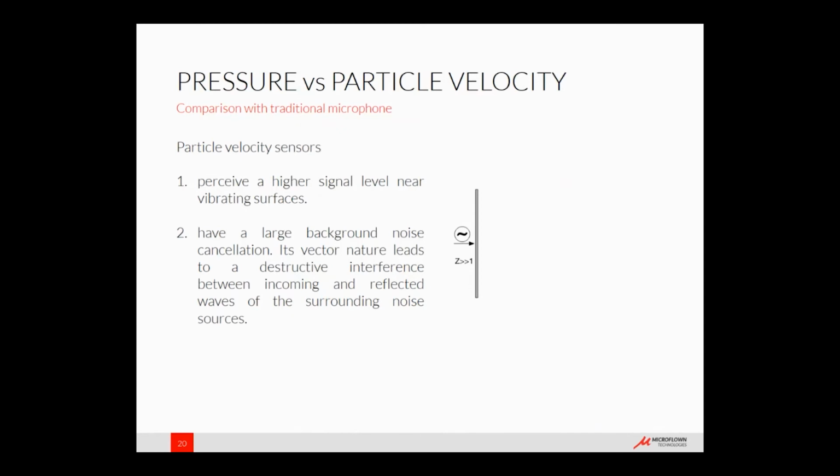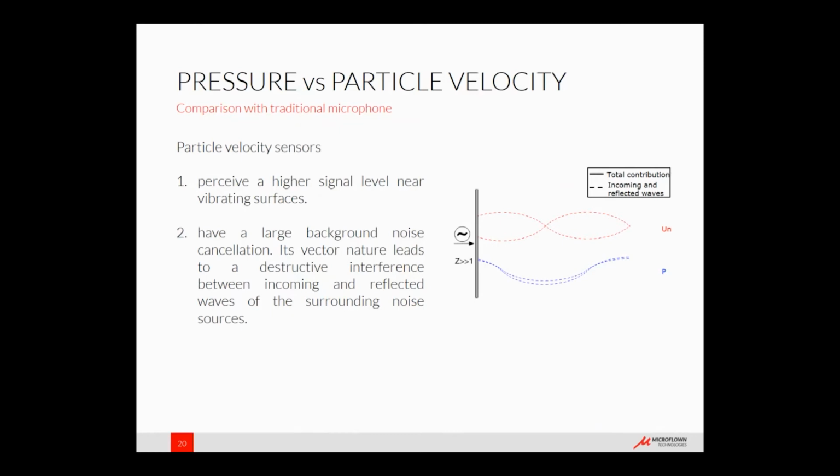If you have a rigid surface, you have a sound wave that is reflecting on the surface. What you can see is that the reflected sound wave on the surface, for pressure, is in phase with the incoming sound wave.